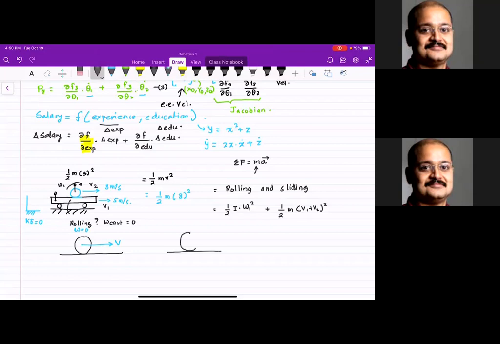And I'll give you an example. Slide and roll. Imagine you are going on a straight path, driving the car. That's pure rolling. All of a sudden you hit the brake, the tires screech, and the wheels are also rotating. The wheels don't stop, they are rotating, but you have sliding and rolling.